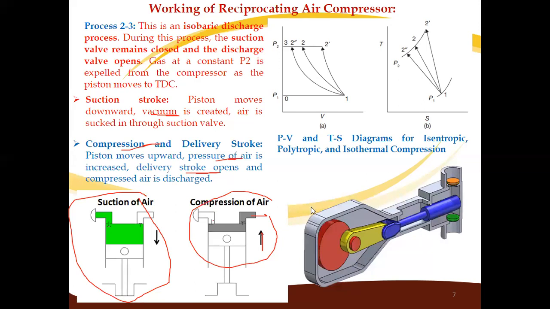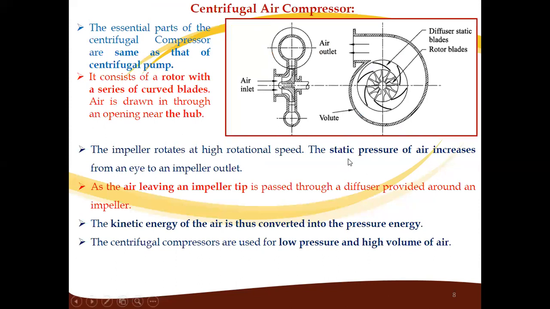Now we'll see the next type of compressor, that is centrifugal air compressor. Now like a pump, the same components are there in a centrifugal compressor. So we have impeller, then these are the blades, then there are guide vanes, so that is called a diffuser, static blades.